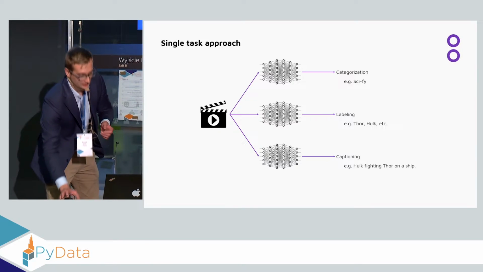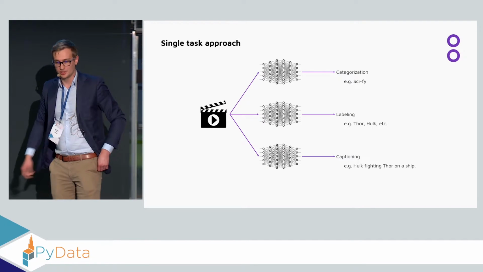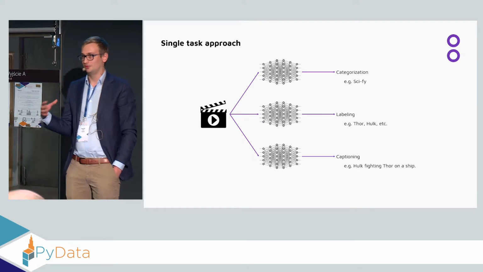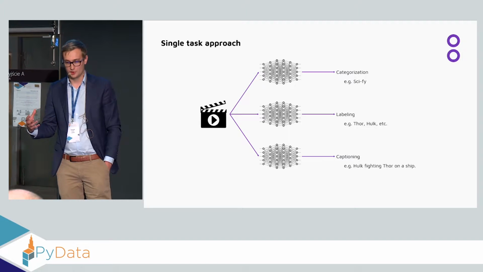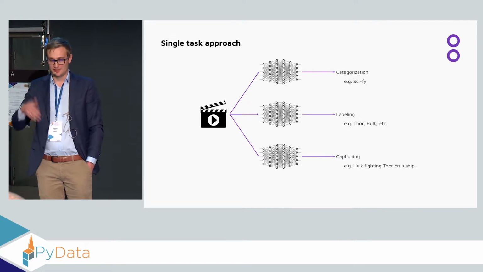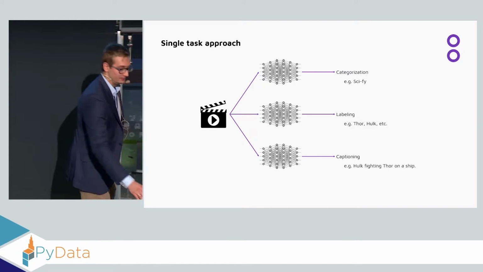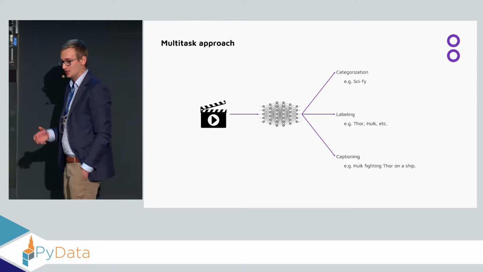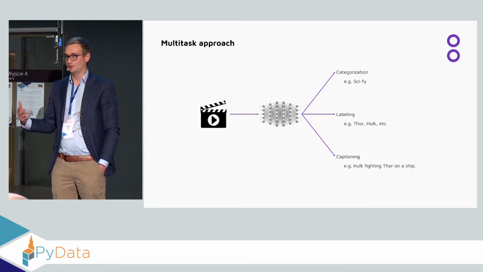Okay. First of all, the single task approach. We have one data source and one net that is responsible for one job. So for example, one net categorizes the images, another net labels them, and so on. We can move it a step further with a multitask approach, so one net that does more than one job.